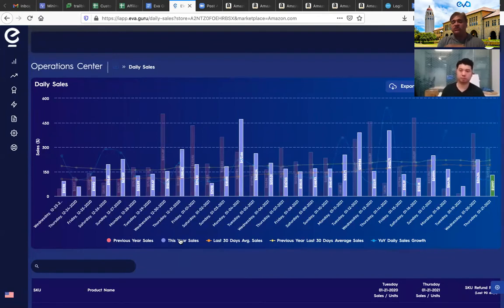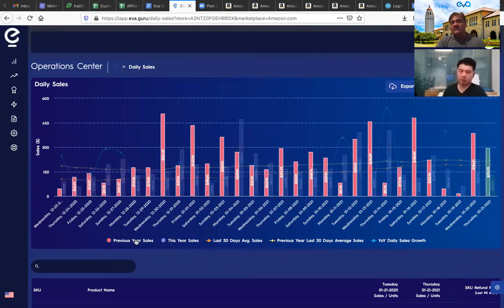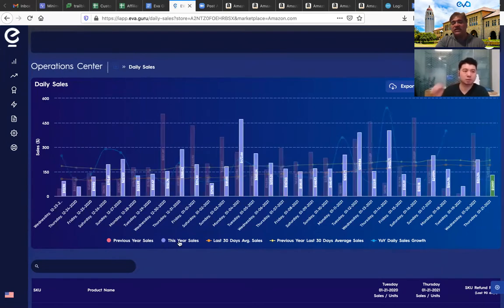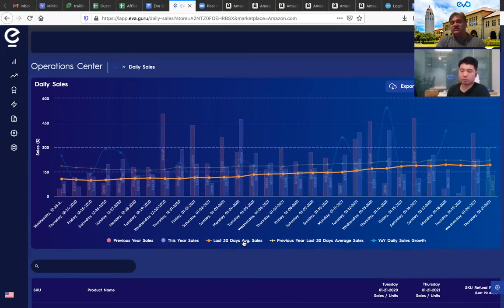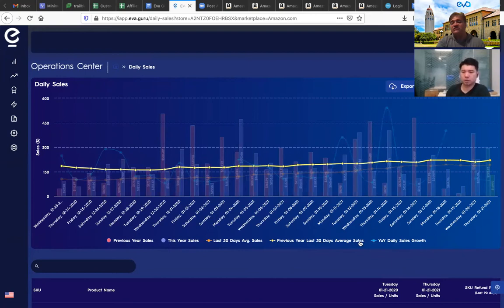We are able to show the private label what's going on this month, like the previous year's same month, so they can easily compare the two, and the last 30 days average sales versus the previous year's last 30-day average sales, and the year-on-year sales growth. And that is extremely important.